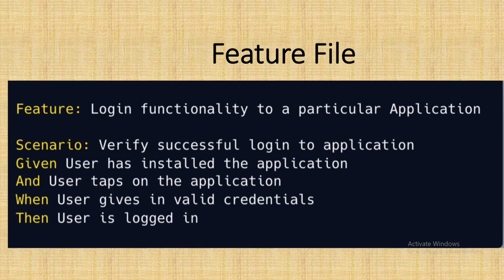And When actually describes the action taken by the user. Like here, the user gives an invalid credential, so he is performing some action. And Then is where we check the condition, or the expected result. Generally we'll do validation, like asserts and all. So here, Then user is logged in, so this is the condition. Once he is able to put the valid credential, then the user is able to log in.